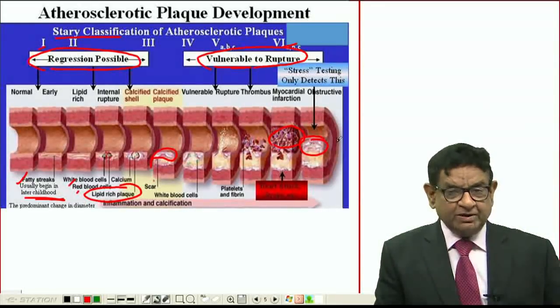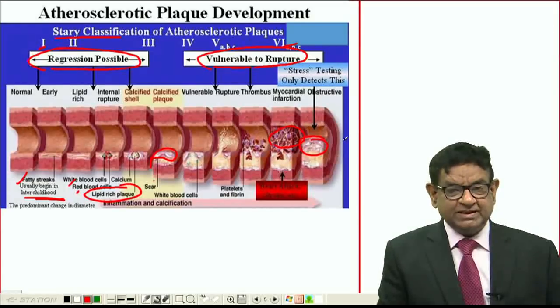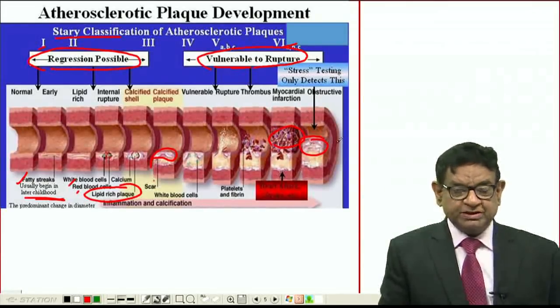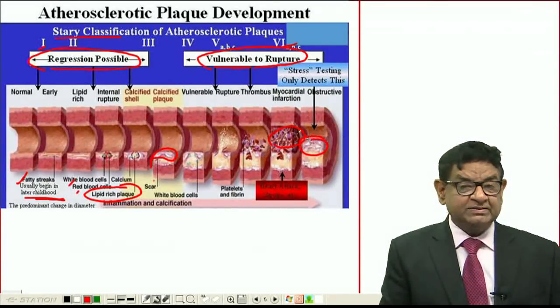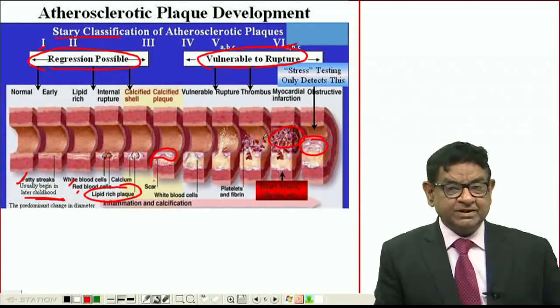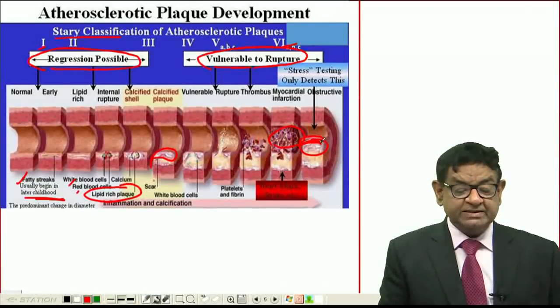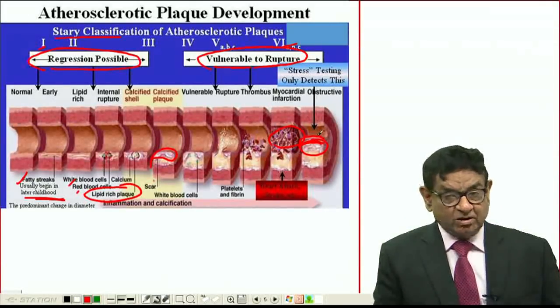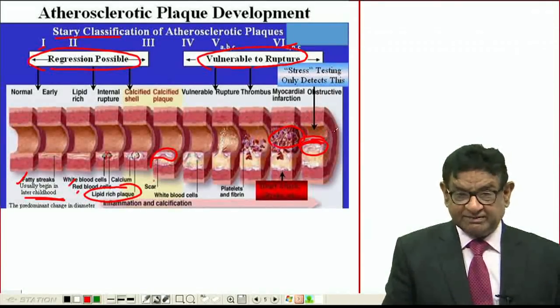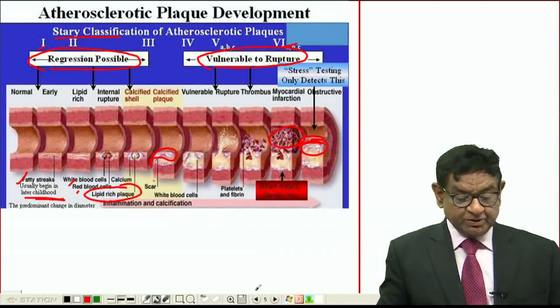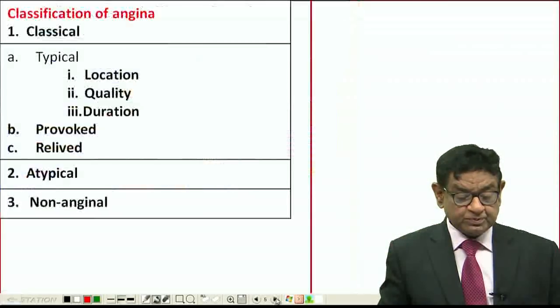That means if I have to tell you in one line the difference between stable angina and acute coronary syndrome: rupture of the plaque leading to clot formation is acute coronary syndrome, but if there is a calcified plaque which has not ruptured, that's the reason why we have stable angina. I hope things are clear to you.